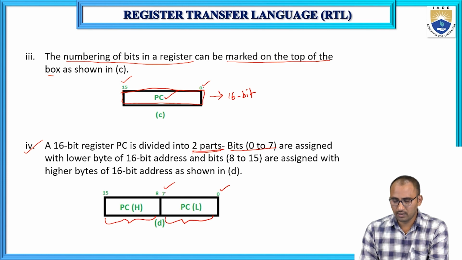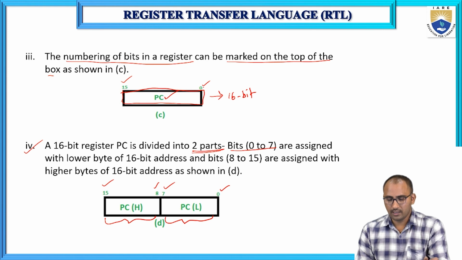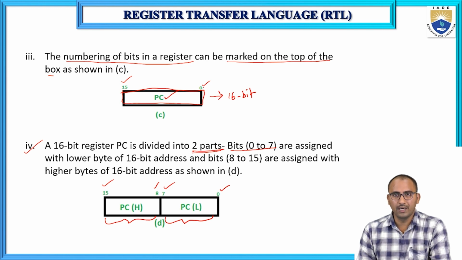So 0 to 7 is the lower byte and 8 to 15 is the higher byte of the register. In this way, we can split the 16-bit register into two 8-bit registers and use them for two different purposes. So these are the several ways to represent the registers.